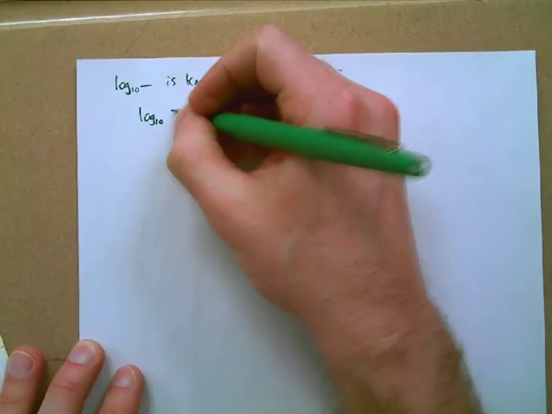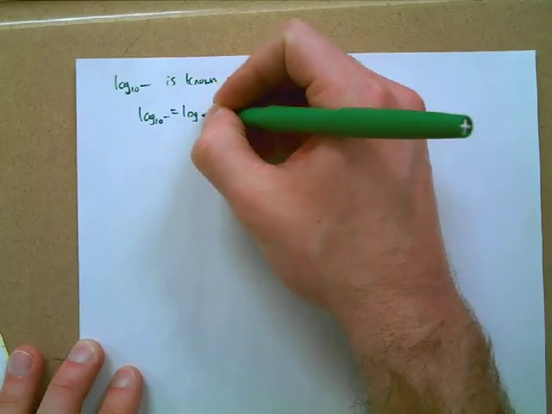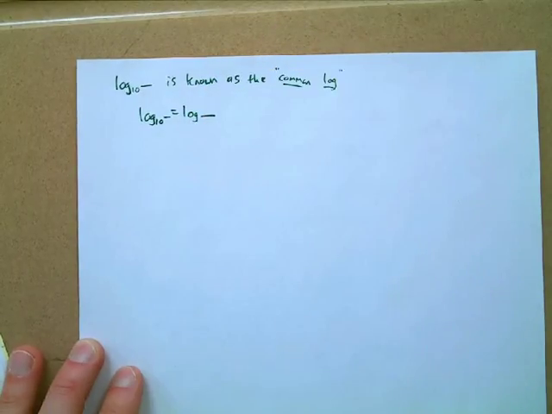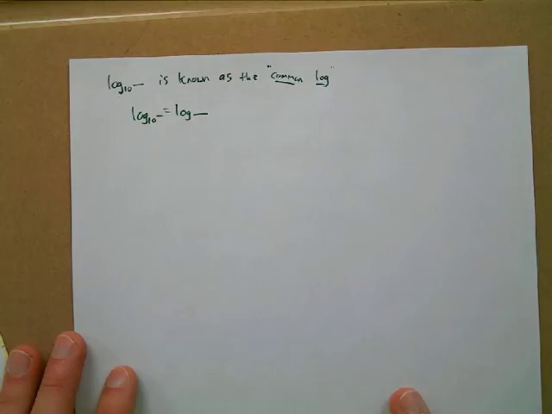Typically, if you see just plain old log by itself without a base written, you assume it's base 10. That confused me when I went to college, because I had a professor who would use log and meant natural log, which is the next logarithm we'll look at. So just keep that in mind.